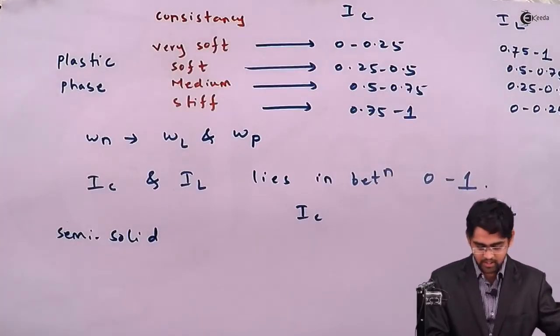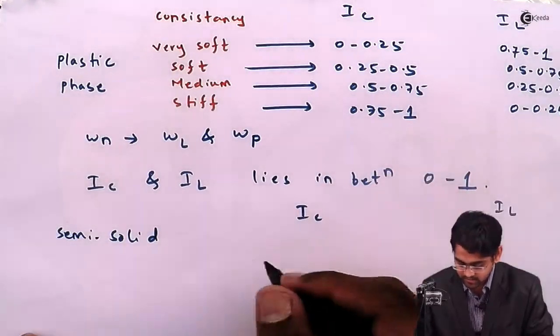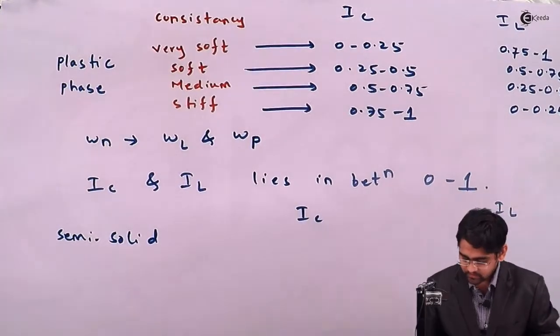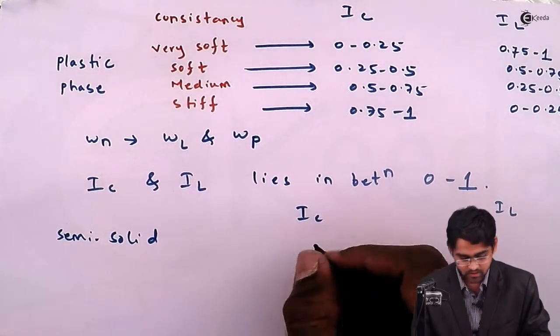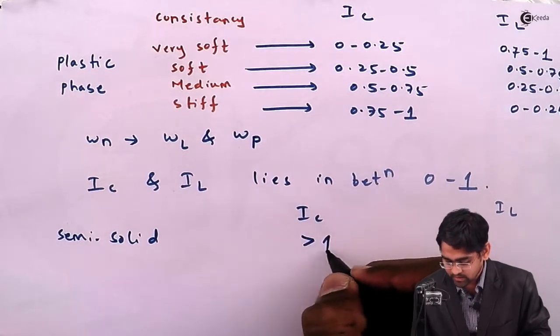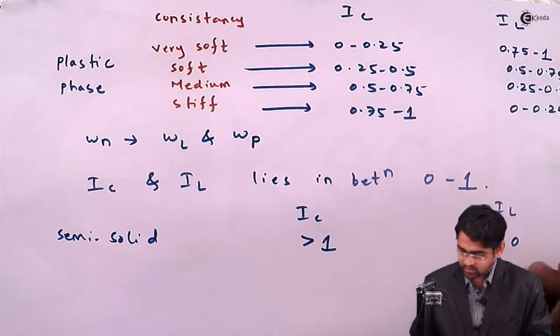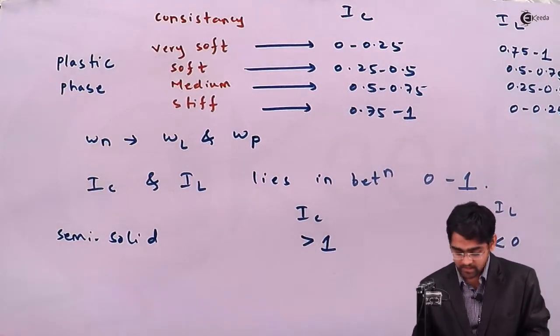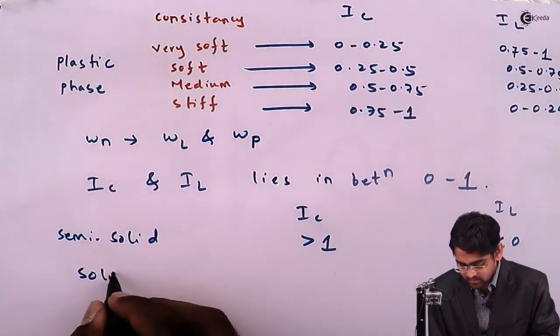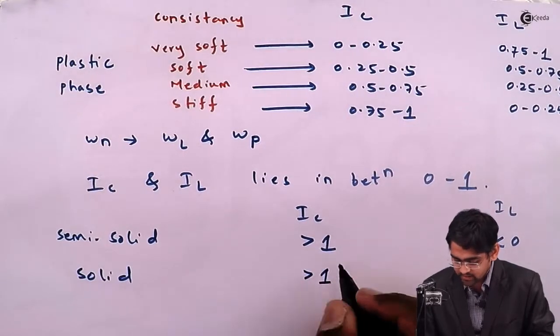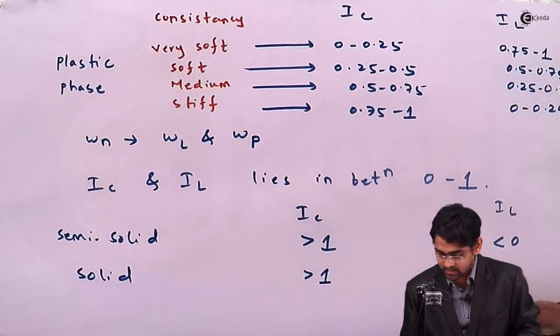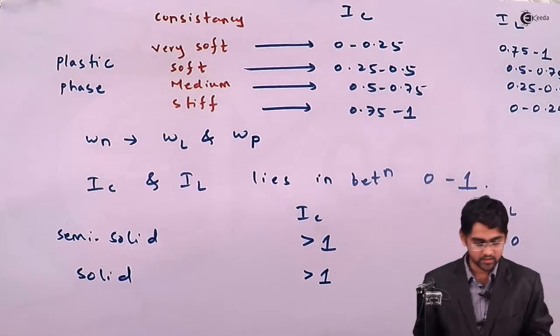The consistency index is greater than 1, and the liquidity index is less than 0 because it becomes dry and stiff. Similarly for solid we have consistency index greater than 1 and liquidity index less than 0.